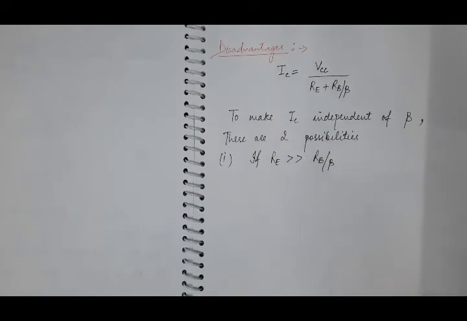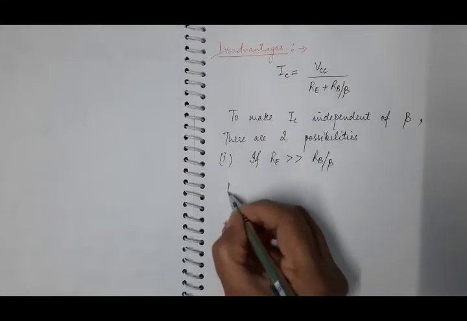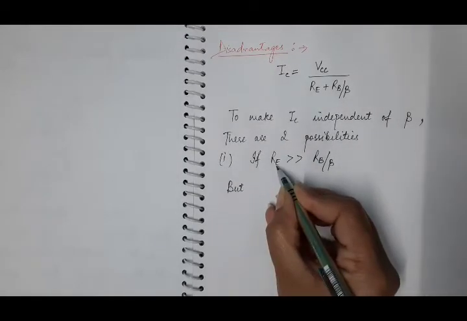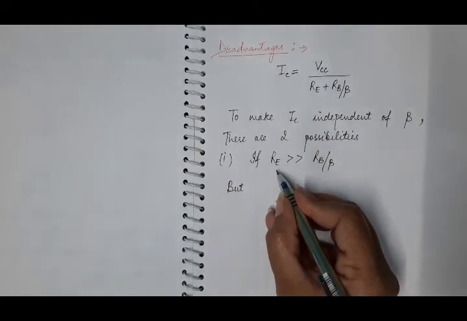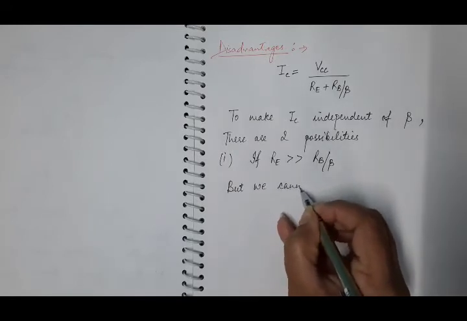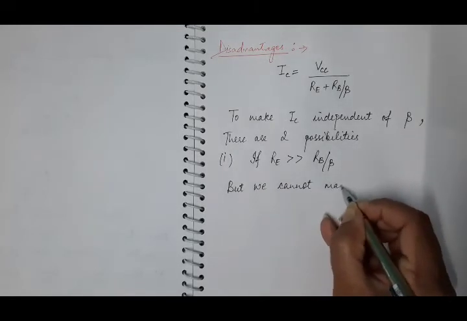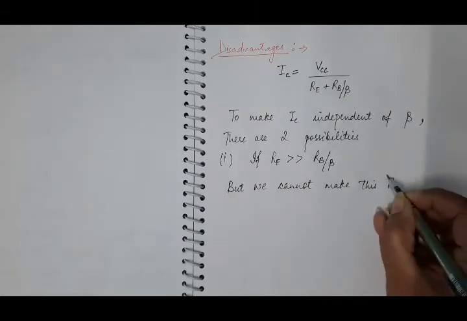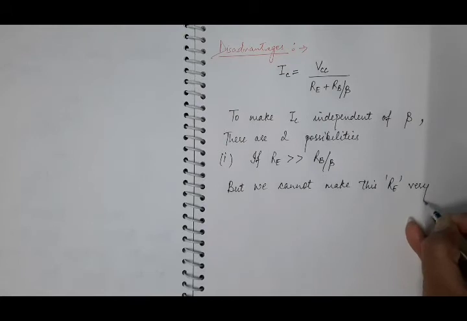But there is one drawback. What is that drawback? We cannot make this RE very large. Why?